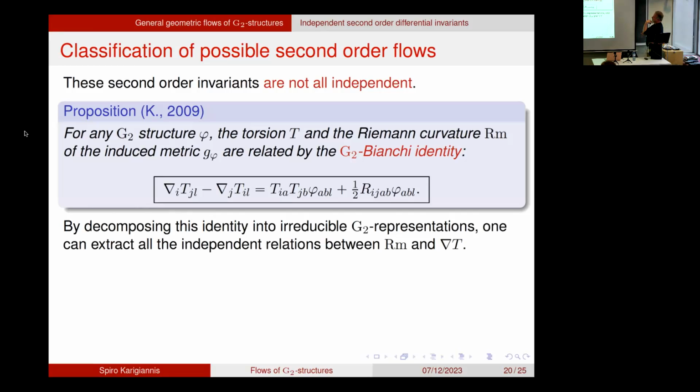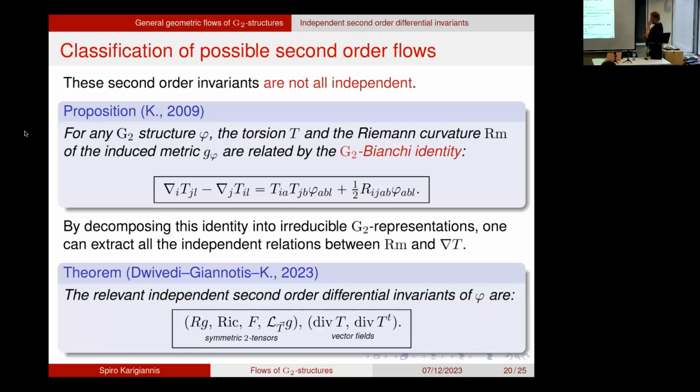One of them relates the 64-dimensional part of the Weyl curvature with a 64-dimensional part of nabla T. We don't need that one. The other ones involve 27s and 1s and 7s. So when you decompose this and you see what the relations are, then you prove that there are only 6 linearly independent second-order differential invariants of a G2 structure.